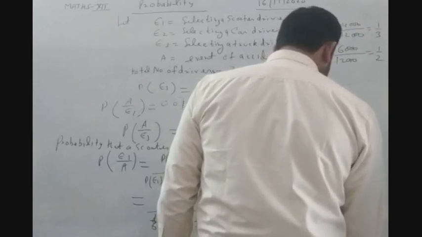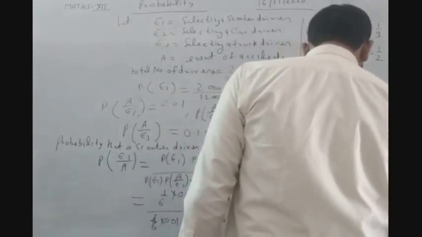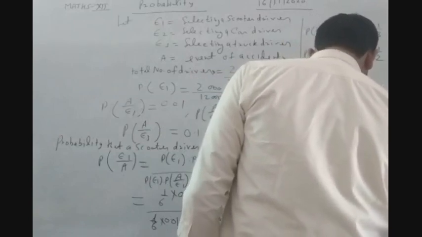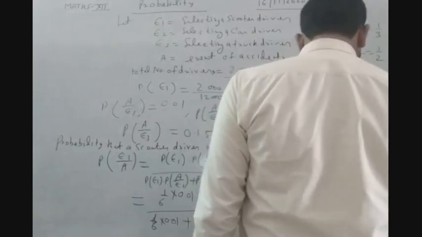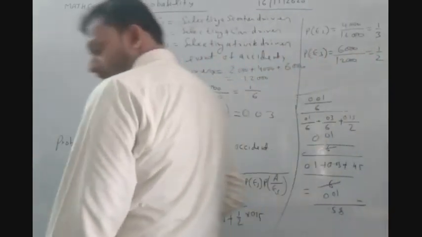We get 0.01 by, and 5 and 3 is 8, 8 and 5 and 3, 8, 4, 1, 5.